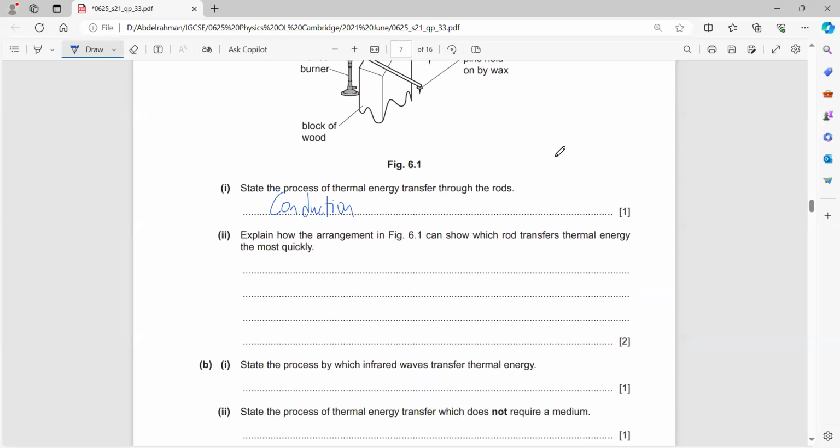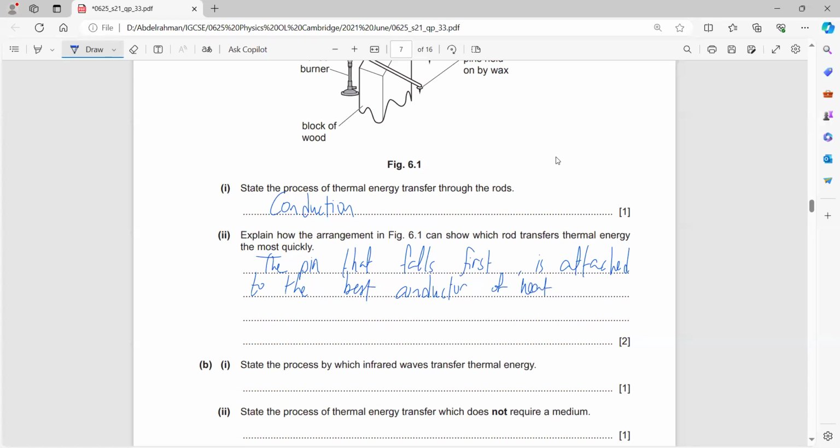Very simply, the pin that falls first is attached to the best conductor of heat.